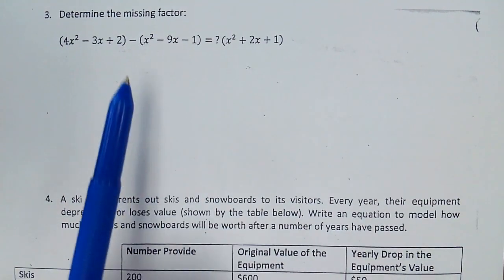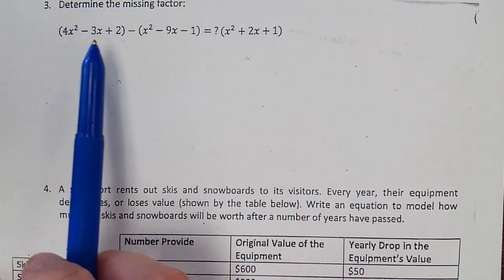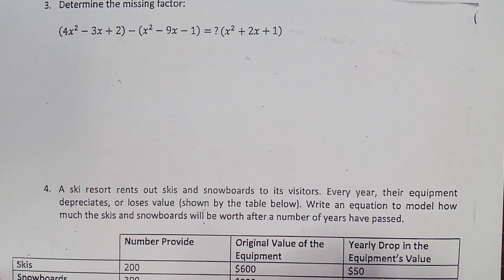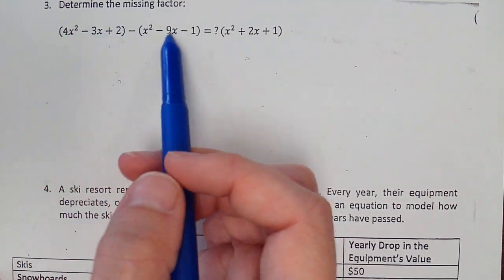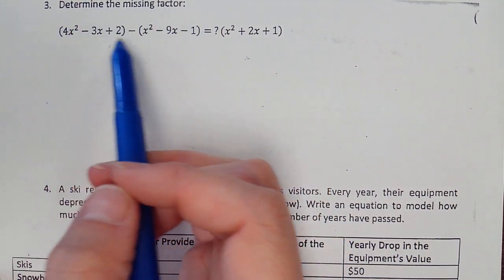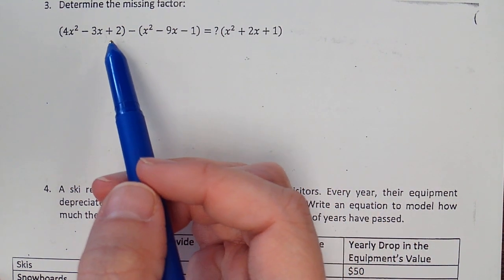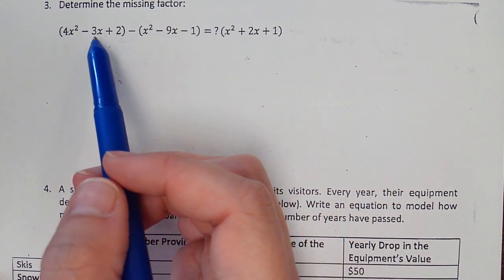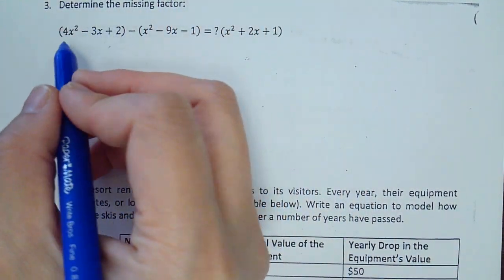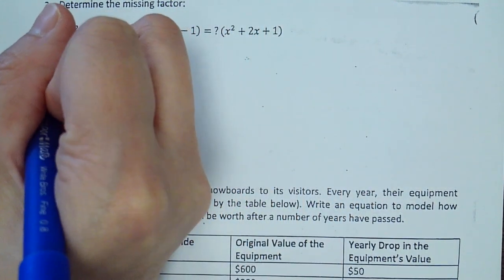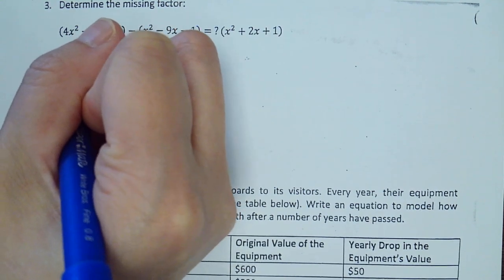Okay, let's move on to number 3. I want to simplify this side first. It's a similar question to what we did yesterday in the homework, but let's simplify this. How do I simplify the left side? What do I write out? 4x squared.